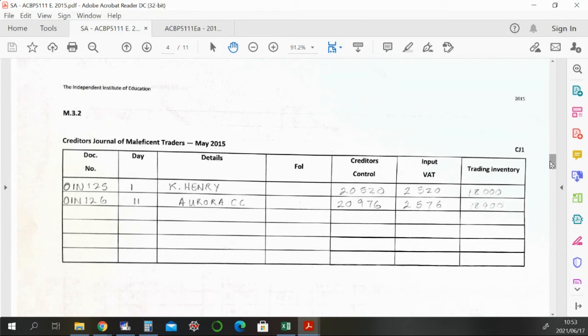Then again, we have a transaction on the 11th with A. Aurora, where we're purchasing. Again we calculated the VAT exclusive amount, which gave us the 18,400. Plug the inclusive amount under creditors control, calculate the VAT, and then obviously we plug in the VAT exclusive under trading inventory. So that was the journal.